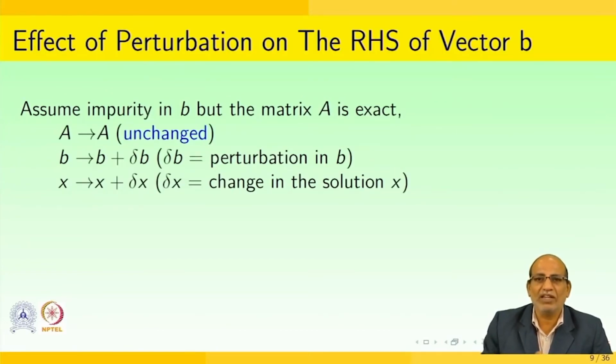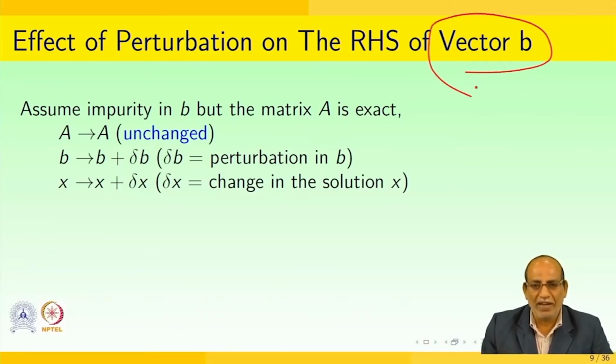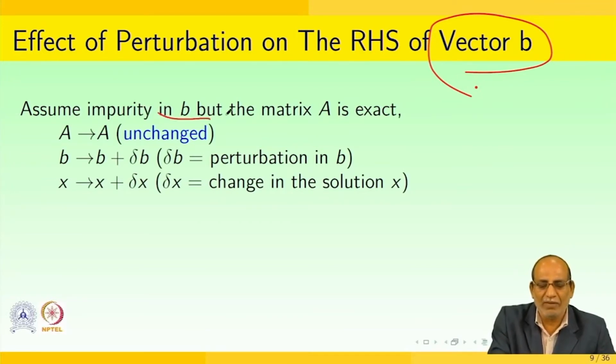Now let us look at another issue, the effect of perturbation on the RHS vector B. Look here. Assume impurity in B, but the matrix A is exact.